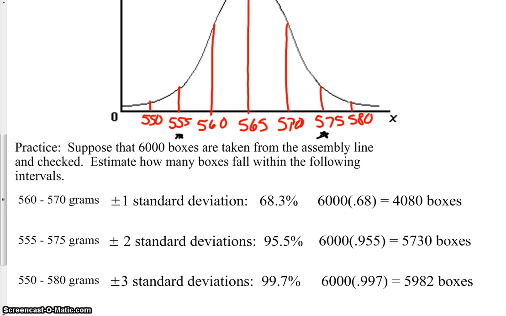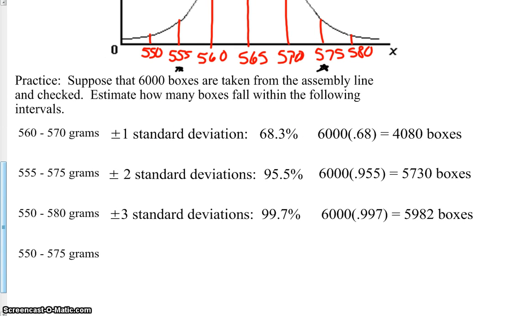But here comes the tricky one. The tricky one is 550 to 575 grams. The reason this one is so tricky is because they're not the same number of standard deviations on both sides. It's 3 standard deviations to the left and 2 standard deviations right. Now, our percentage for 3 standard deviations is 99.7%.